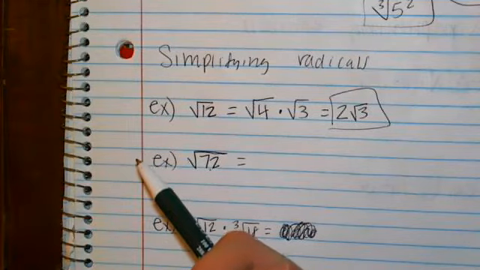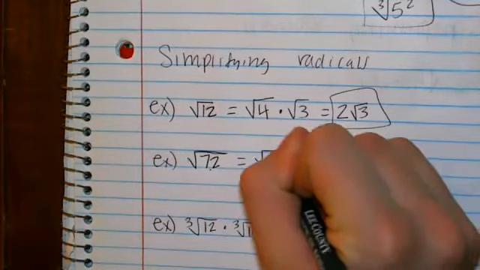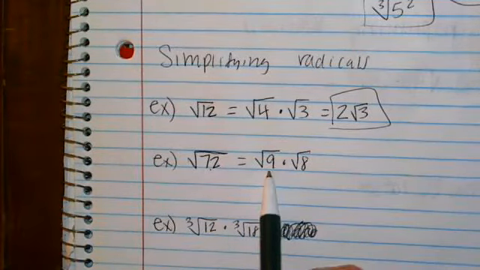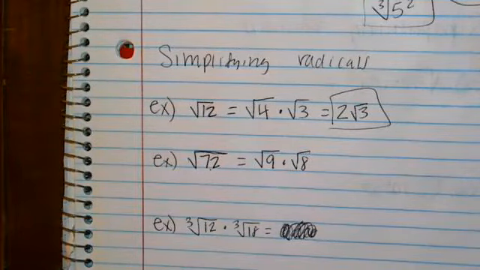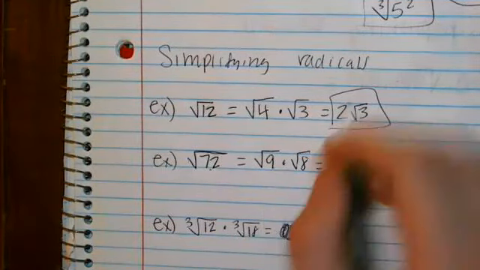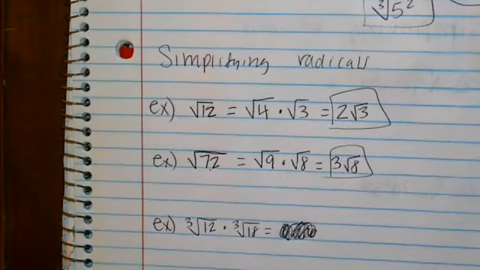So right now that's 8 and 9. So I'm going to break this up by the square root of 9 times the square root of 8. I chose these because 9 does have a whole number square root, and 8 and 9 are two really large factors for this. So square root of 9 is 3. So we will have 3 root 8.